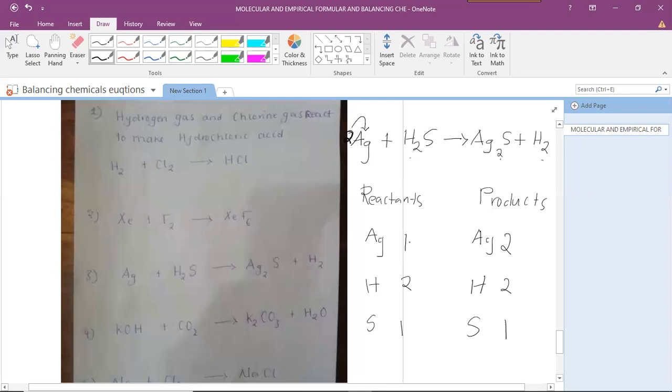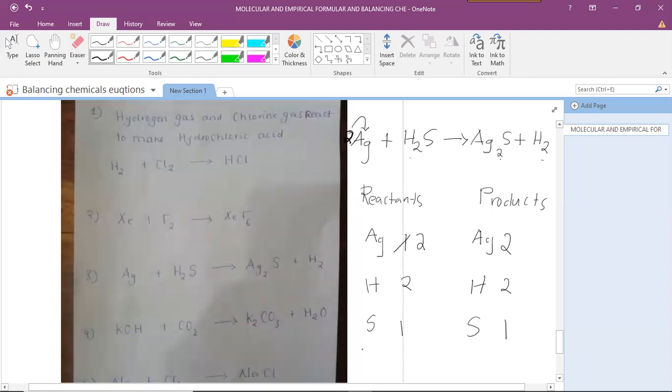I was hearing my own echo there. So this coefficient there means we now have 2 silvers. So we can cancel that and put a 2 over there. So we've balanced the silvers. Oh, this was actually simple. Putting the 2 there has actually balanced everything. So I've got 2 there, 2 there, 2 there, 2 there, 1 there, 1 there.